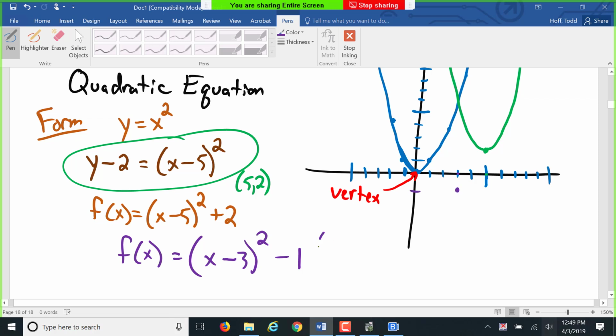Negative 1. Very good. Because whatever happens over here is the y coordinate. The opposite of this is the x coordinate. So it's minus 3, the x coordinate is positive 3. This is minus 1, the y coordinate is minus 1. Then, of course, it looks the same going up from there.